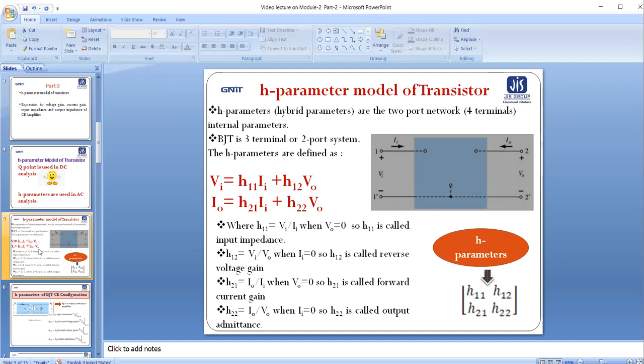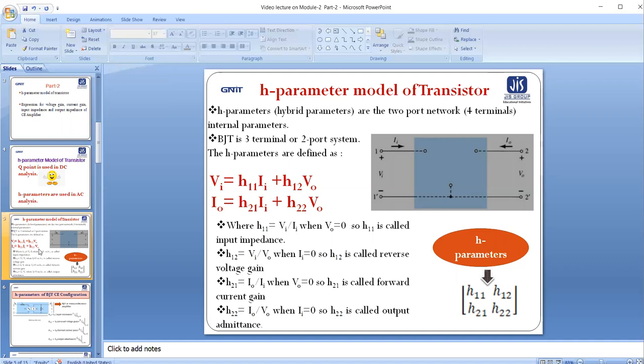Now in case of BJT, we know that the BJT has three terminals: base, emitter and collector. Now if we imagine a common emitter configuration, then the emitter is common for both the input side as well as the output side.